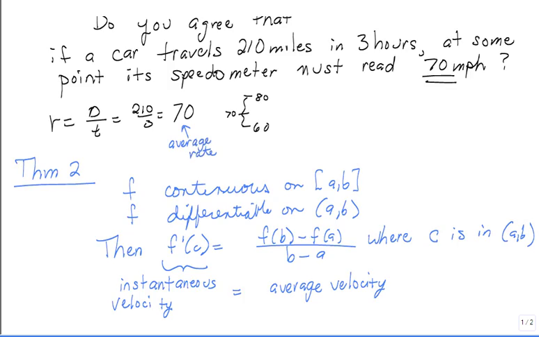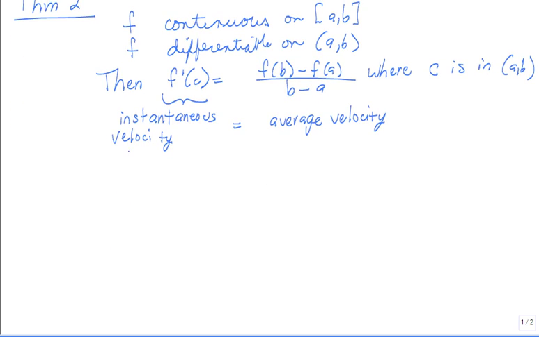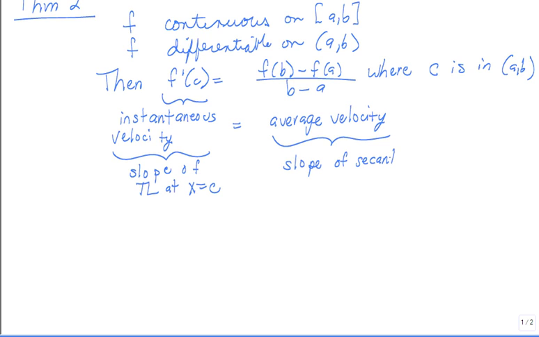At some point it has to be going 70 if the average is 70. And also remember, this is the slope of the tangent line at x equals c, and this is the slope of the secant between A and B.